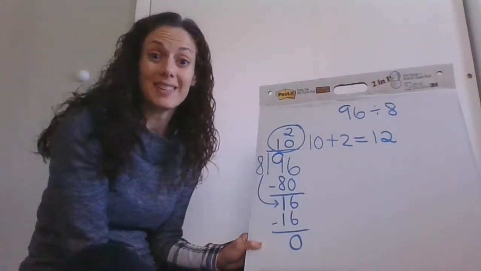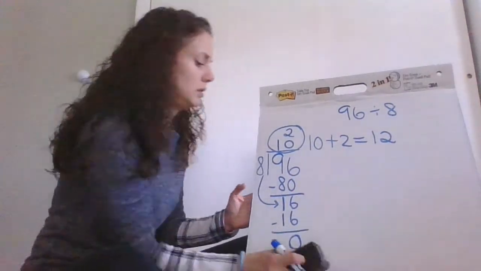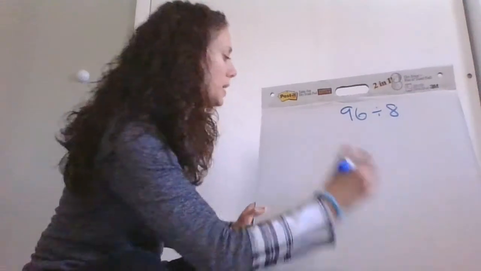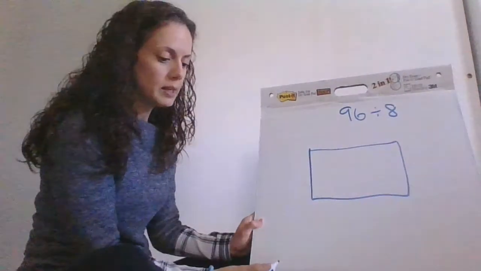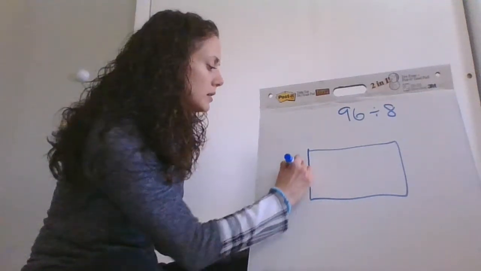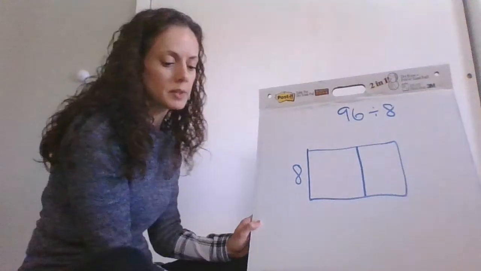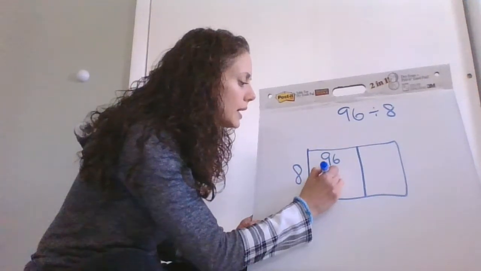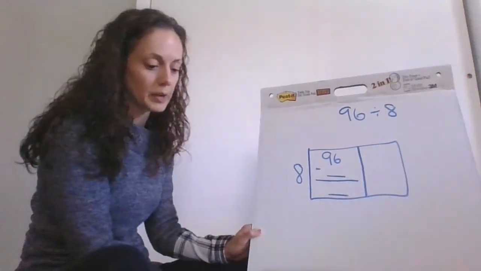The way this looks in the area model is like this. There will be an area model there. You will see it will have an 8 on the side. It will be split into 2 parts, and on the inside, there will be a 96. There'll be a minus sign, a line for a number, the equal sign, and then a line for another number.